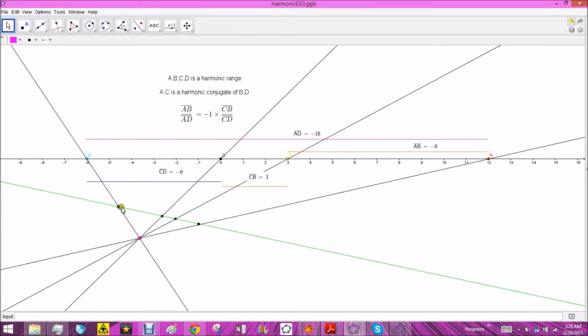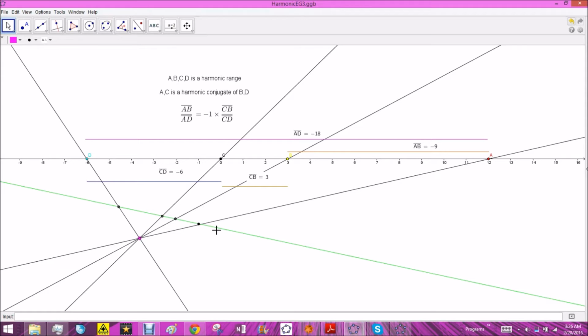You should note that these black points on this green line also form a harmonic range, and this is always going to happen whenever you do a perspectivity of a harmonic range. You get a harmonic range. In fact, whenever you do any projection at all of a harmonic range, you always get a harmonic range.